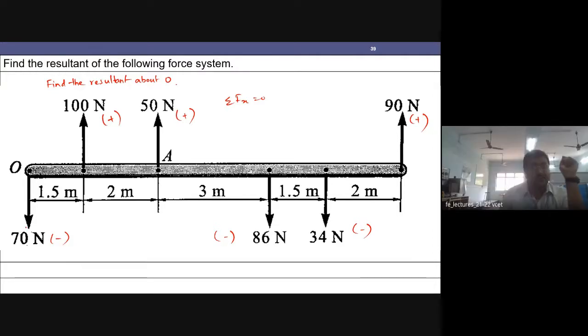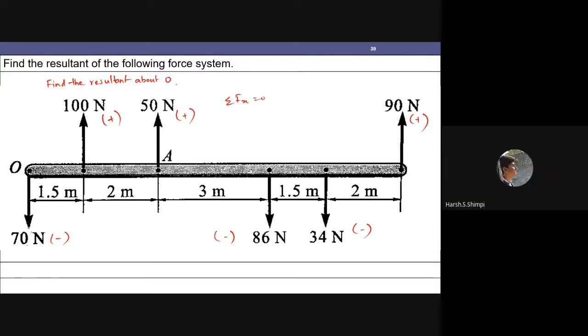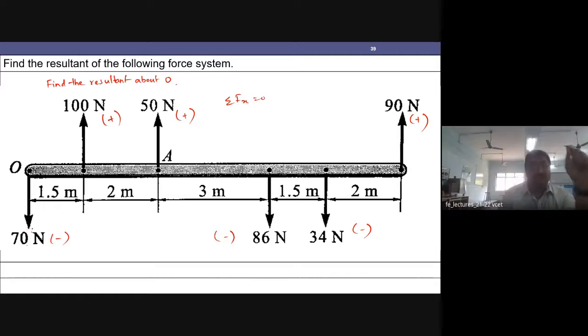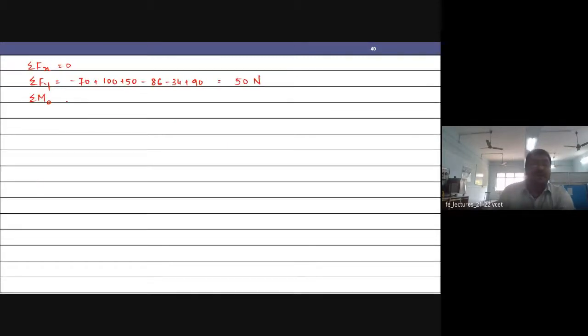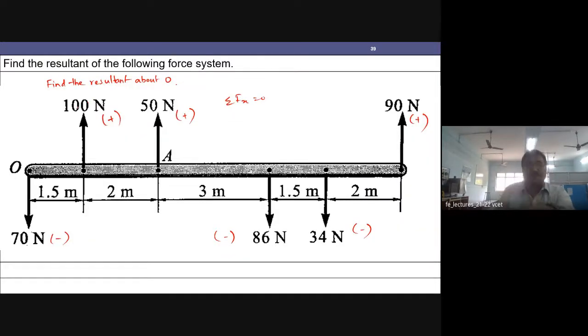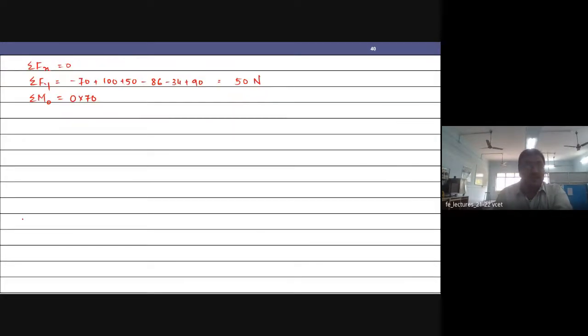Because the 70 Newton force passes through the point O, so it has no perpendicular distance and causes no rotational effect. Correct. So sigma Mo equals 0 into 70, which is not necessary to write, so we'll just remove it.